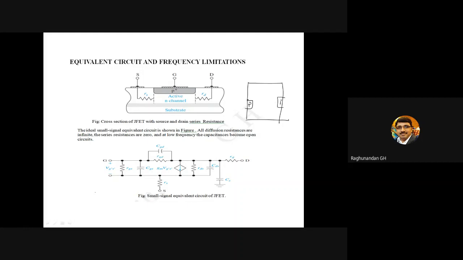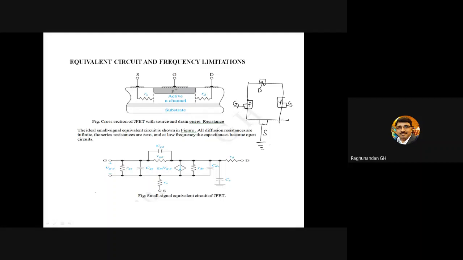If I take this as P type, this is a metallic contact, this is metallic, this is metallic. So this is the drain, this is the gate, this is the source.